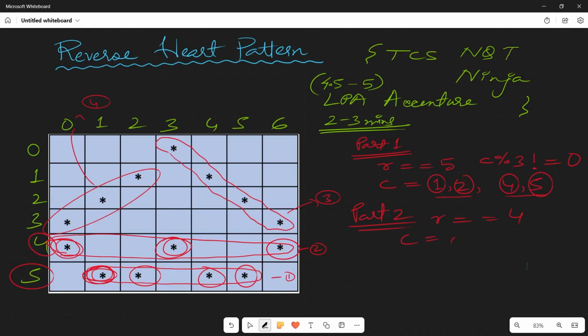C is equal to, we have 0, 3 and 6. If I say column modulus of 3 equal 0, will you agree with me? Yes or no? Got it? So we have figured out one part and the other part as well. Clear? Now let's do one thing. Let's go to the third one. Okay. So let me just drag it a little bit upwards.